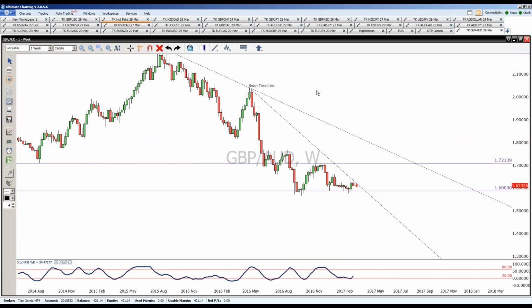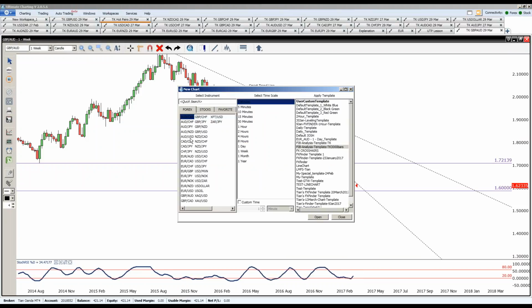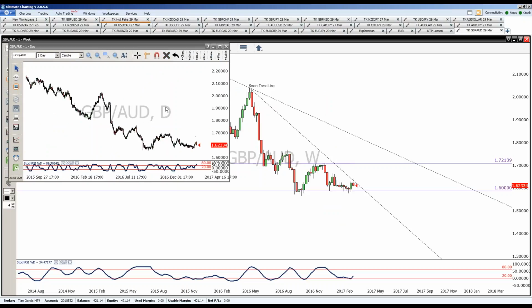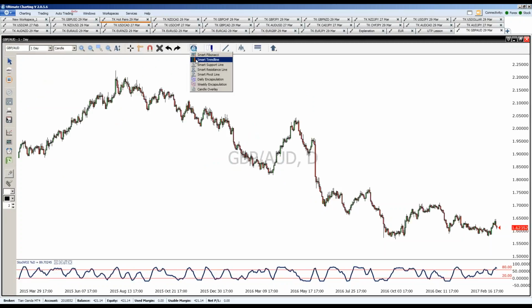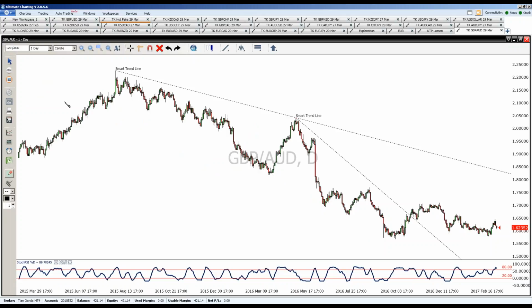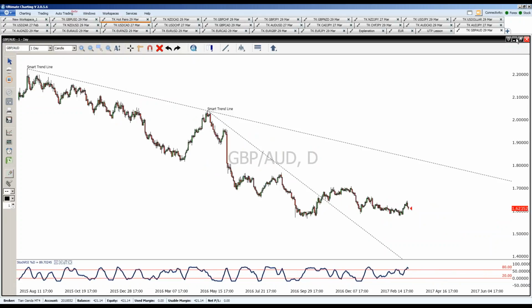Oh wow, this is quite interesting. Why is that? Let me just open up a daily quickly. There we go. Okay, so you can see the market did break the inner trend line.